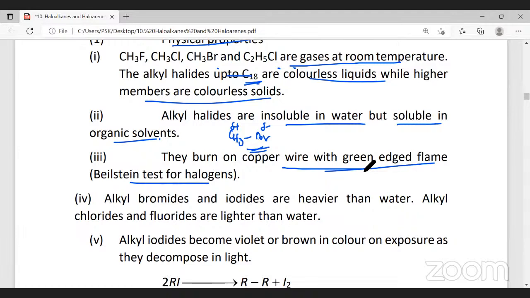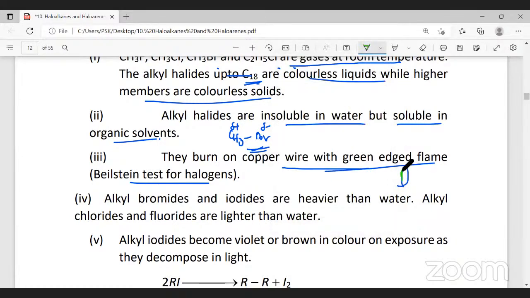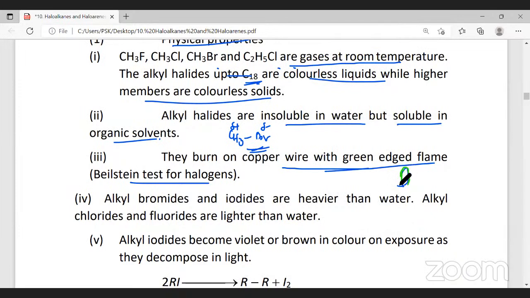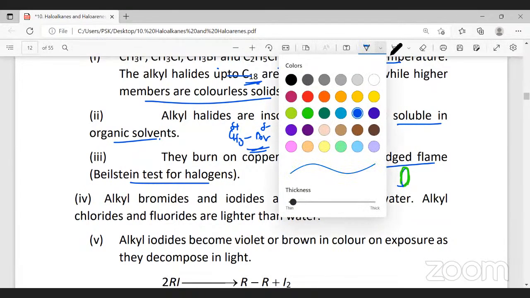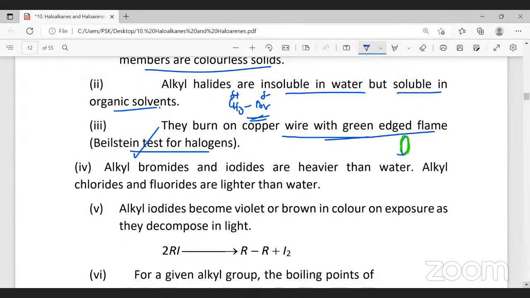So you will get a green-edged flame. If this is a flame, you will get the green edge like this. The presence of halogen is determined by the flame with the green edge. So that test is called Beilstein test. This is the identification test for halogens.